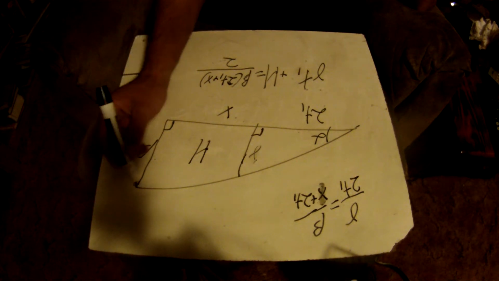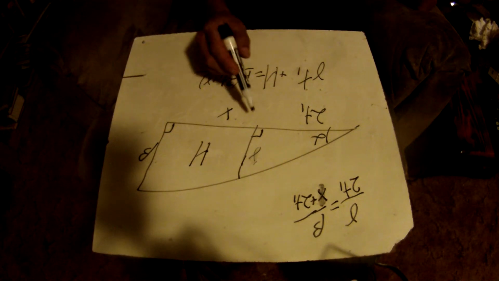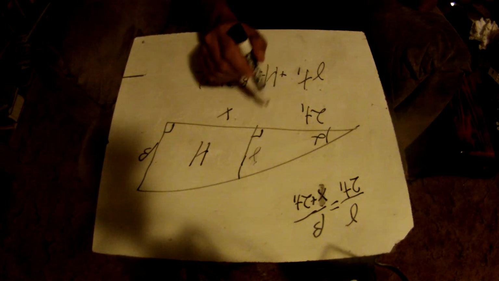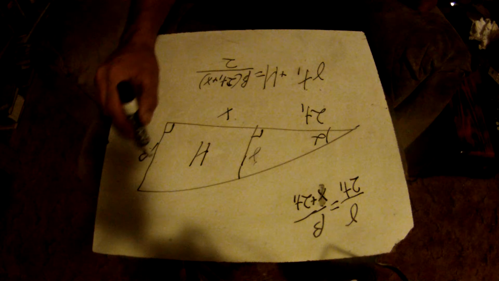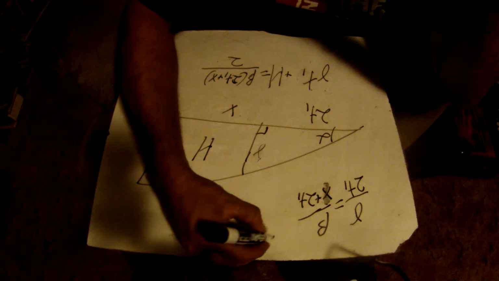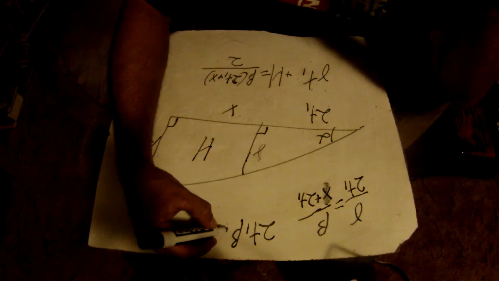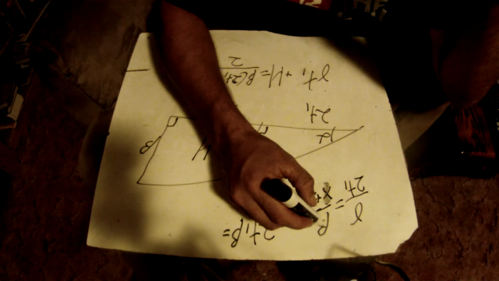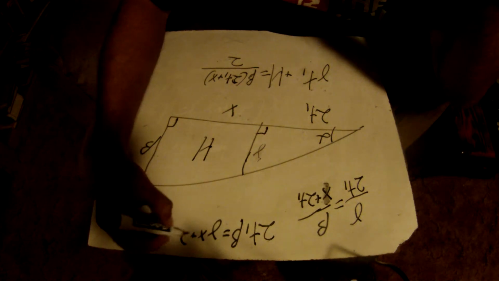Then the other angle has to be the same because all the angles of a triangle add up to 180 degrees. And when you have two angles the same, the ratios of the sides, like this side divided by this side, will be the same as this side divided by this whole side. So then we cross multiply and we get 2t1 beta equals, the easier way to remember, just this times this equals this times this, gamma times x plus 2t1.